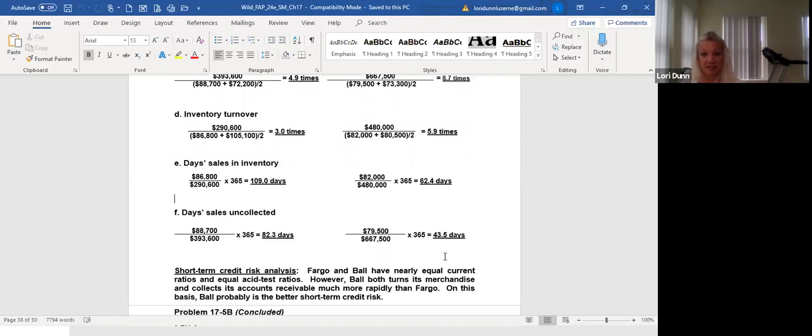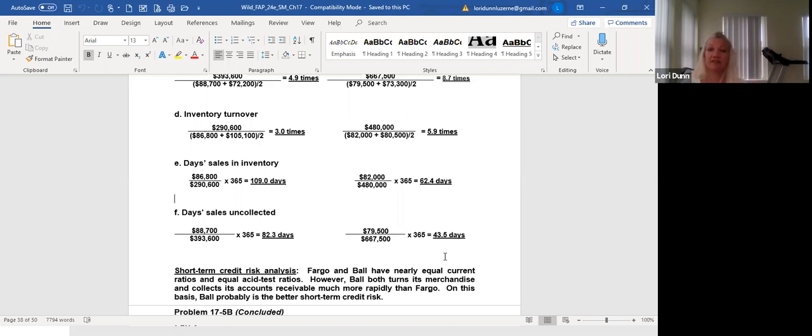So on this basis, Ball would be the company that would be the better short-term credit risk. If you loaned money to both these companies on a short term, within a year, they owe it back, Ball is in a better position to pay it back than Fargo. We're not saying Fargo won't pay it back. We're just questioning which one is in the better position to do it.